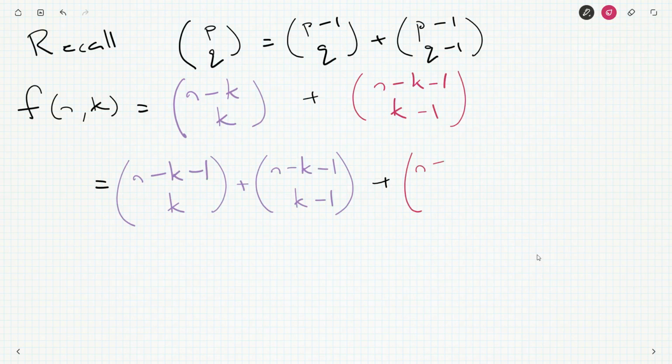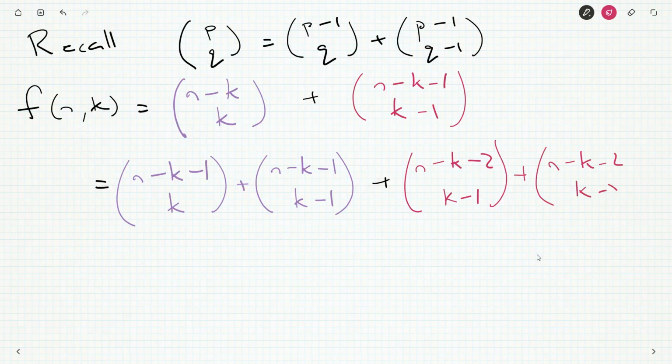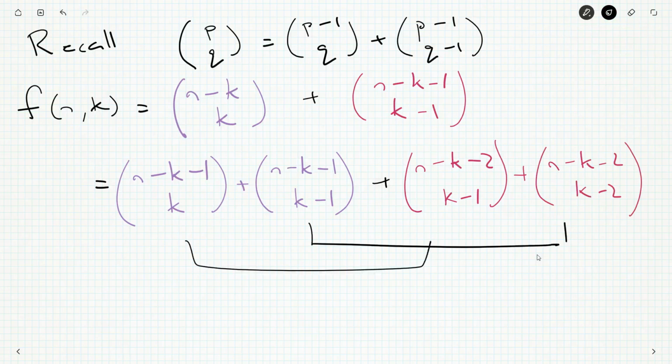And that would break down into n minus k minus 2, k minus 1, plus n minus k minus 2, k minus 2. And then I think if I pair these two up, and I pair these two up, this one here is f of... So I'm dropping 1, but my k values are the same.